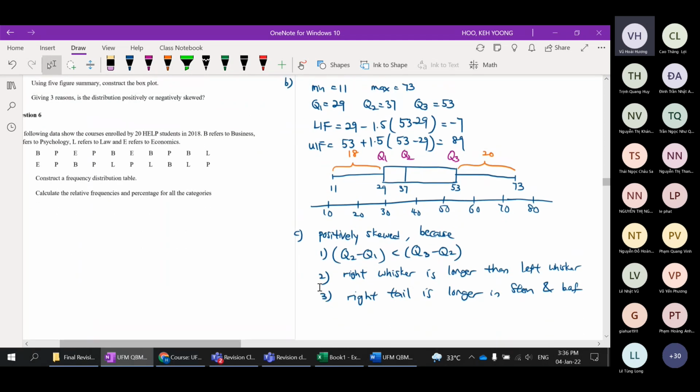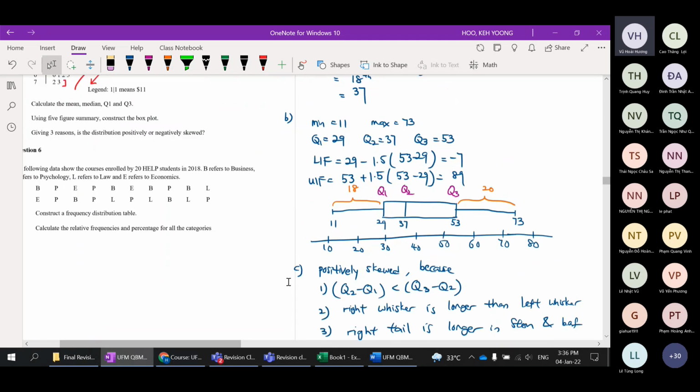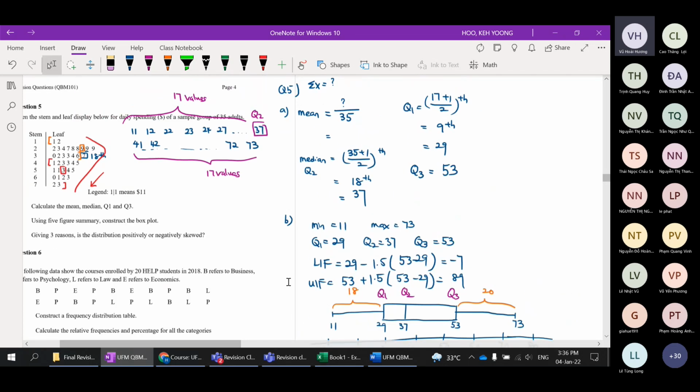So what does it mean when you have positively skewed data, or skewed to the right? That means most of your data are quite big. As you can see here, most of your data are more than 30, more than 40. You have a lot of data around 40 something, 50, 60, 70.